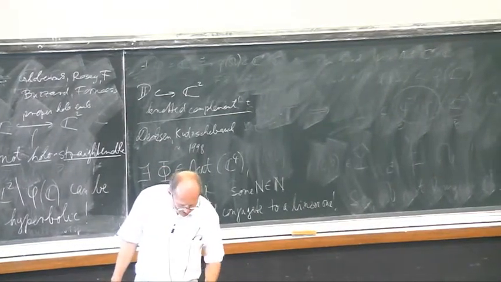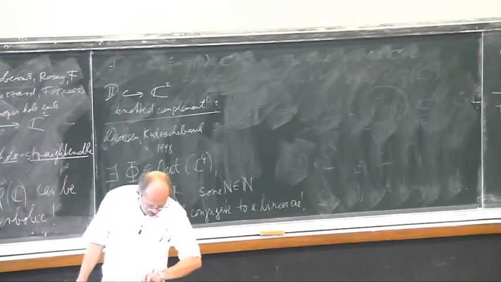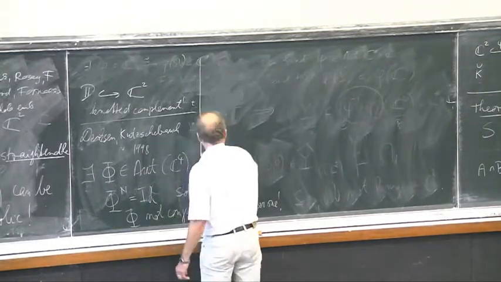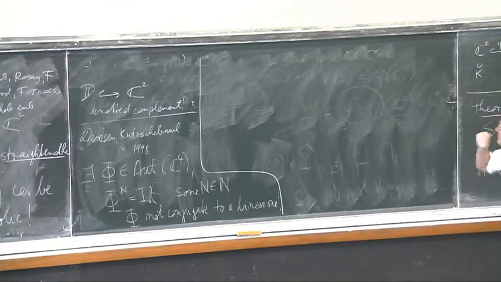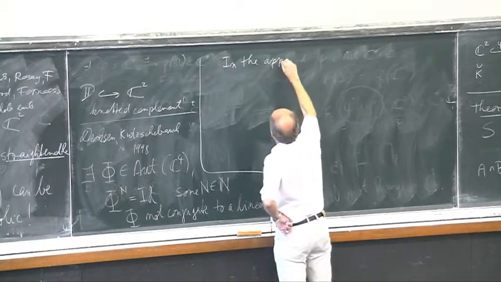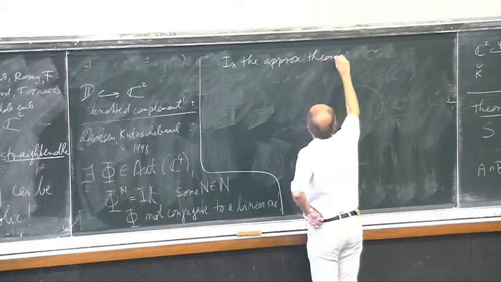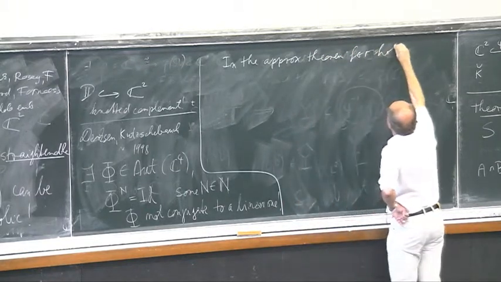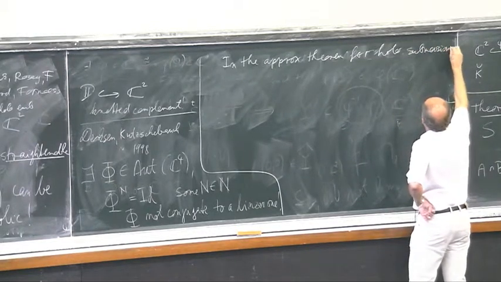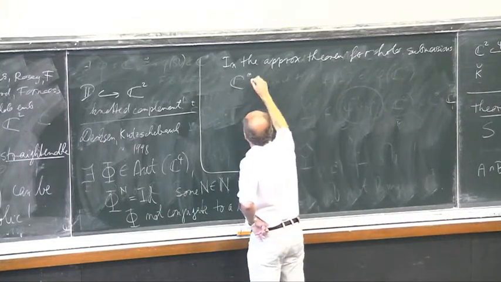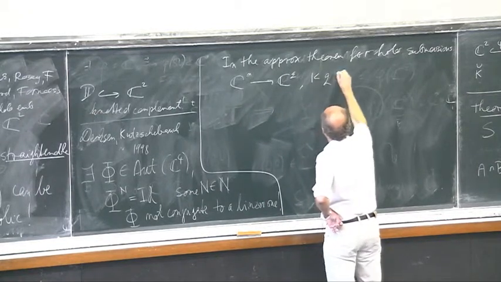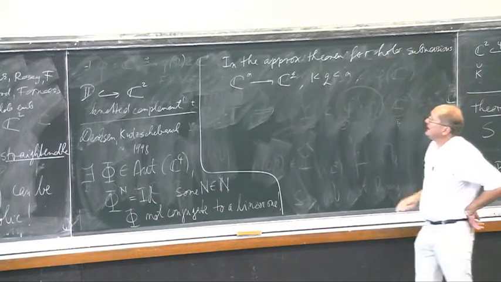So let's go back, and I still want to explain one more thing about automorphisms, because remember that in the construction in the approximation theorem for holomorphic submersions from Cn to Cq with q bigger than 1 and less than n. So for q equal 1, we actually did everything.